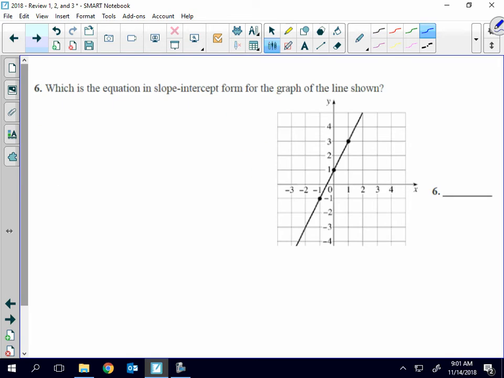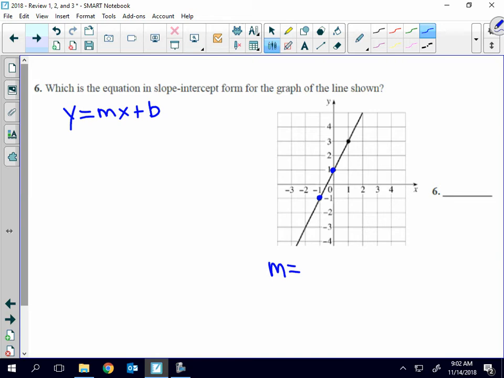Which is the equation in slope-intercept form for the graph of the line shown? Okay, for slope-intercept form, let's write it down again. Y equals mx plus b. You need to find the m and the b. So let's do that from the graph. Let's start with m. You can take any 2 points on this graph. I'm going to go ahead and use this one and this one.